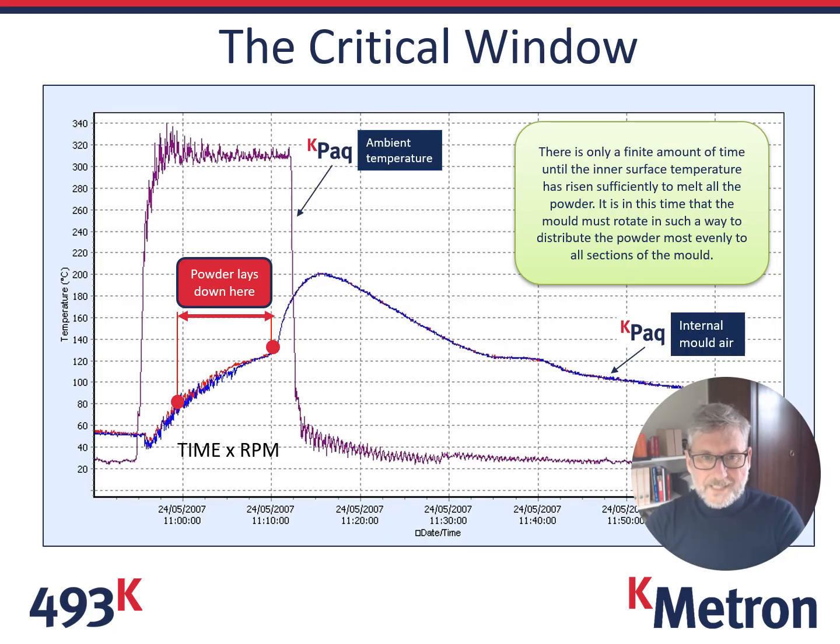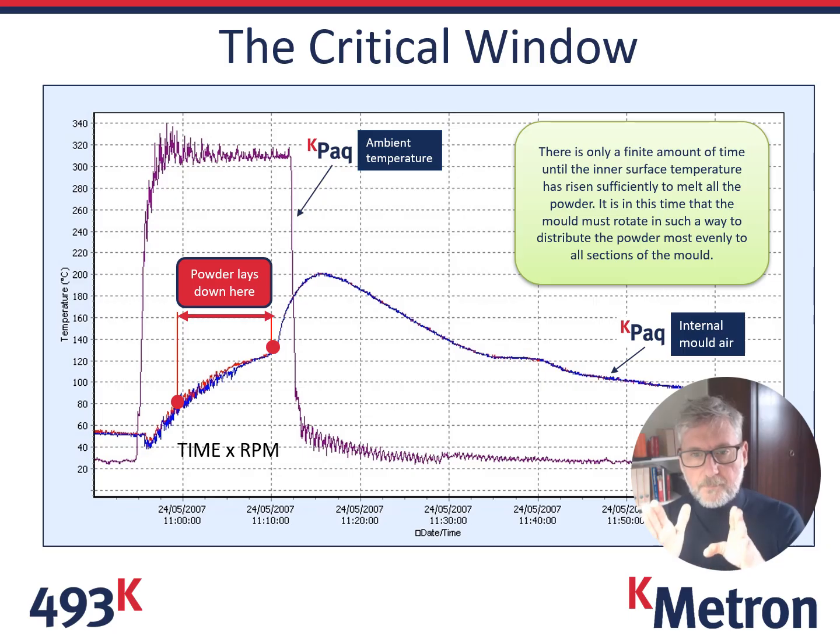The critical window is the time during which the polyethylene powder will lay down inside the moulding. It begins whenever the polyethylene is able to stick to the inside surface of the metal tool, and it will continue until the polyethylene has all melted and stuck to the inside of the tool, which is just above 120, 130 degrees Celsius or thereabouts.